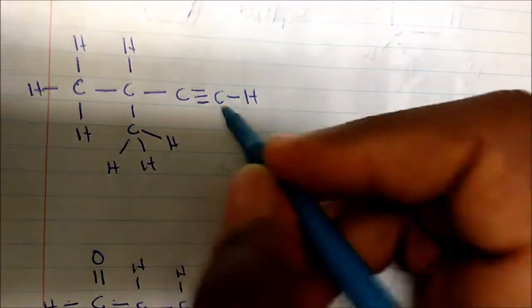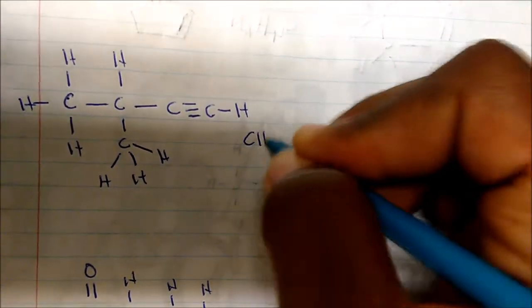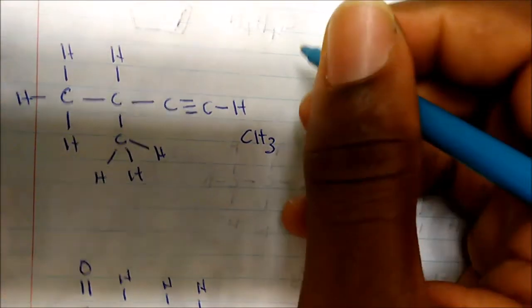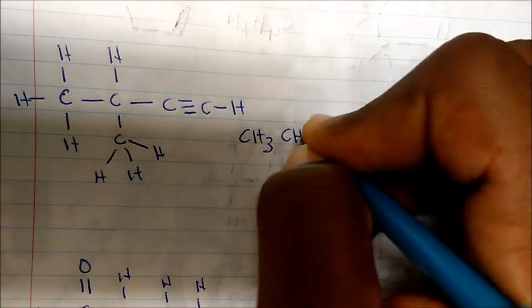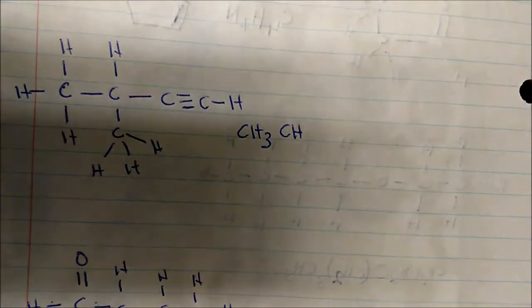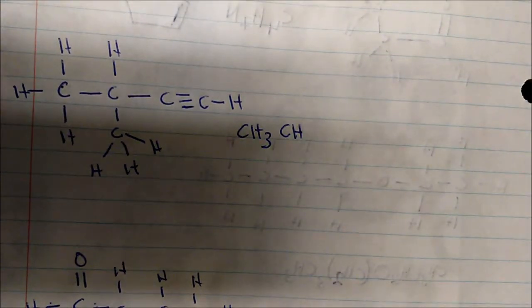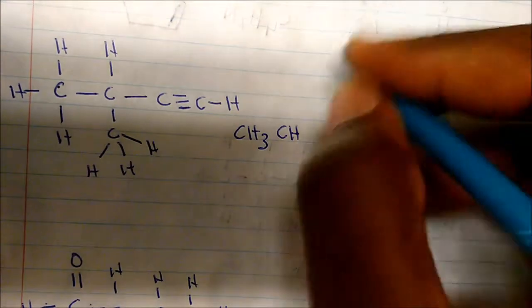What about this one? This functional group is called an alkyne, carbon-carbon triple bond. So again, if I'm looking at this, I see that I have a CH3, a CH, and another CH.